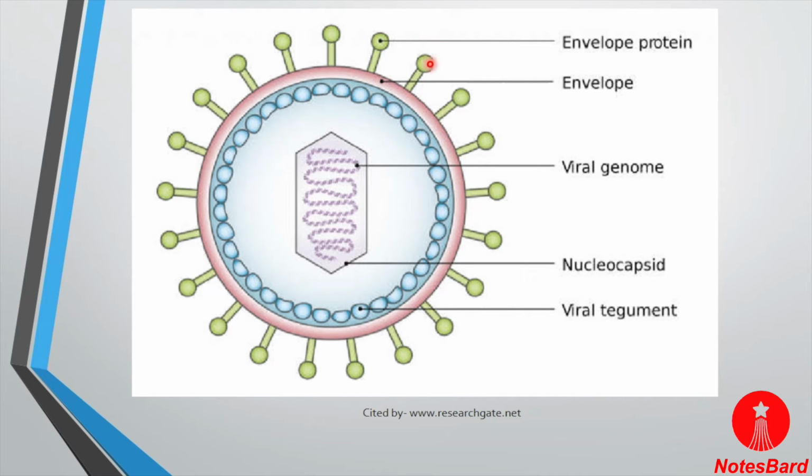These are considered glycoproteins, and these glycoproteins are very essential for the infections caused by these viruses, because they help to attach the viruses to the host cell so that they can enter the host cell and replicate and multiply their copies.